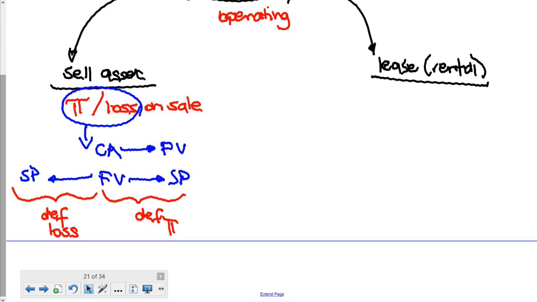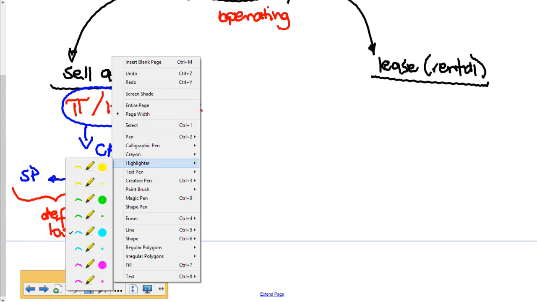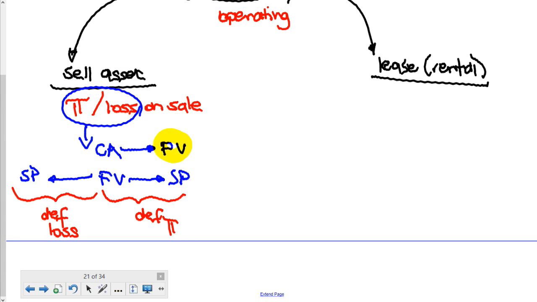There are reasons why fair value may or may not be the same as selling price. Usually we assume fair value is the same as selling price, isn't it? But if you put yourself in the position of this client, of this company, all they need is that deposit to put down on the new machine that they've bought. So they don't need the full value of their asset. They need a fixed amount of money.